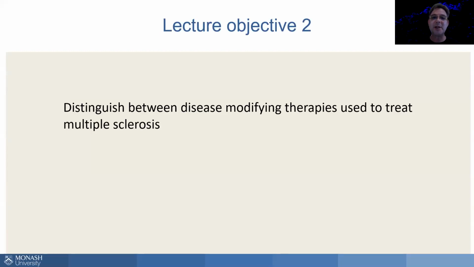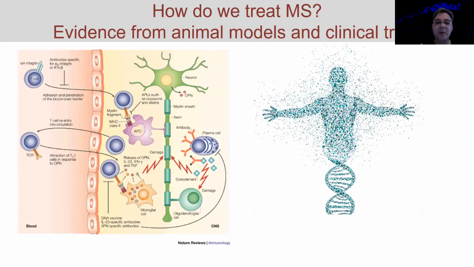So in the next learning objective, we are now going to distinguish between disease-modifying therapies used to treat multiple sclerosis. So, with regards to how we treat MS, as I've said in the last couple of slides, we utilize these animal models.